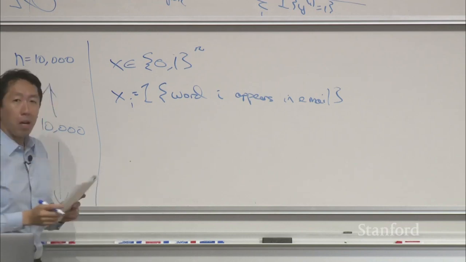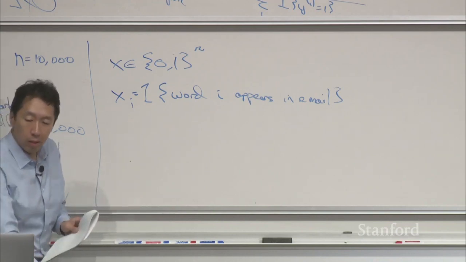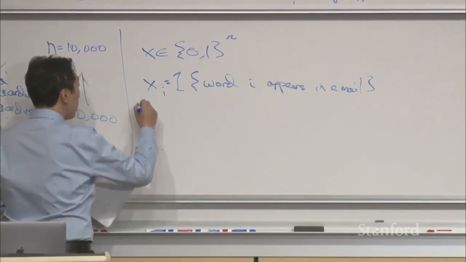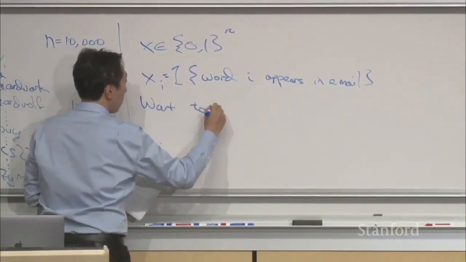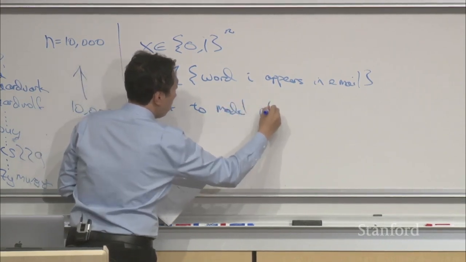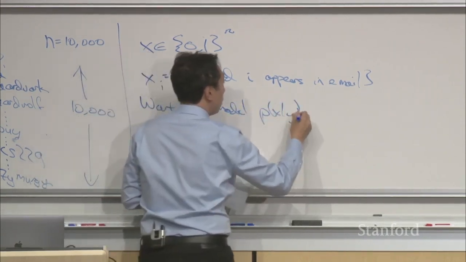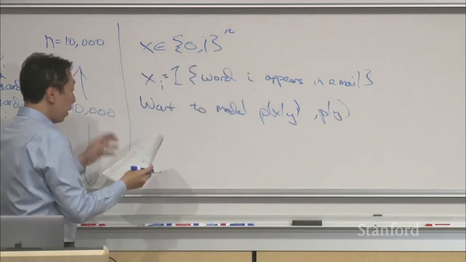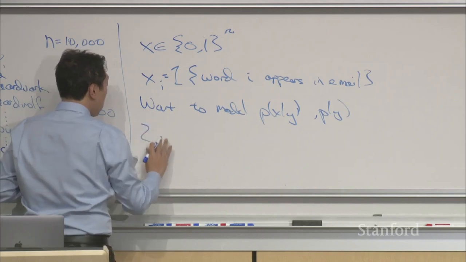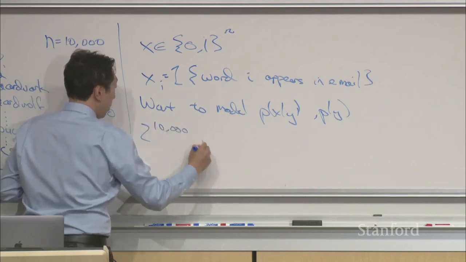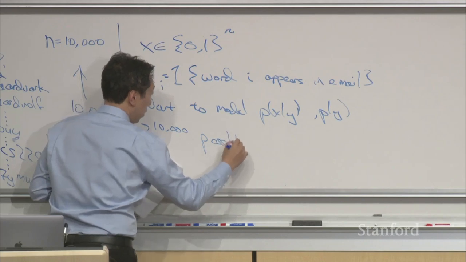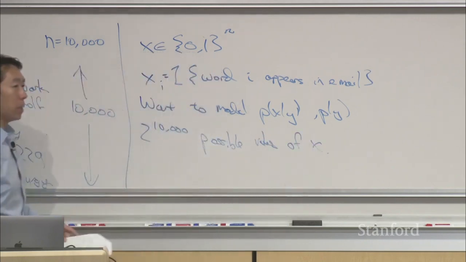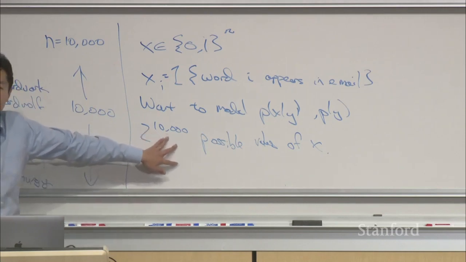Now, in the naive Bayes algorithm, we're going to build a generative learning algorithm. And so we want to model P of x given y, as well as P of y. But there are 2 to the 10,000 possible values of x, because x is a binary vector that is 10,000 dimensional.